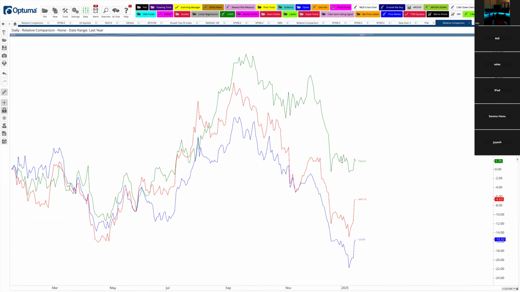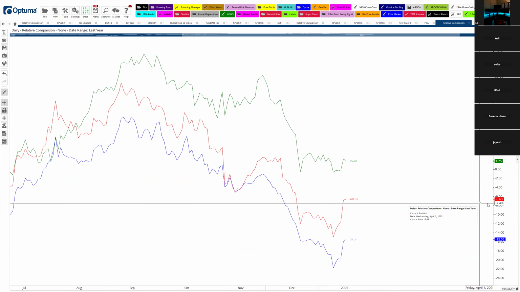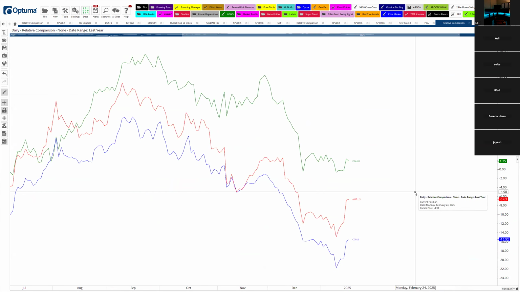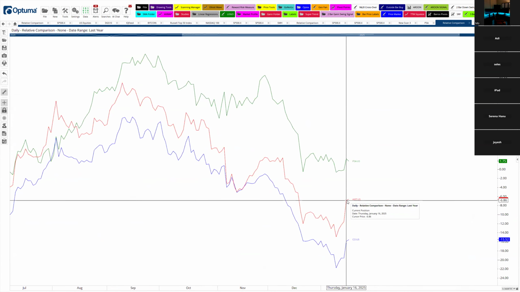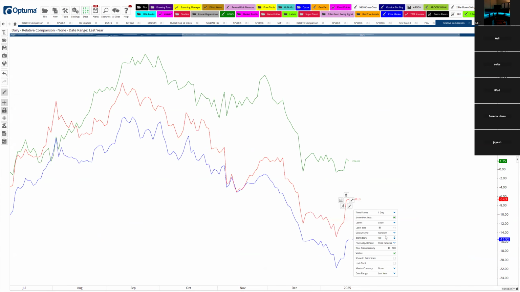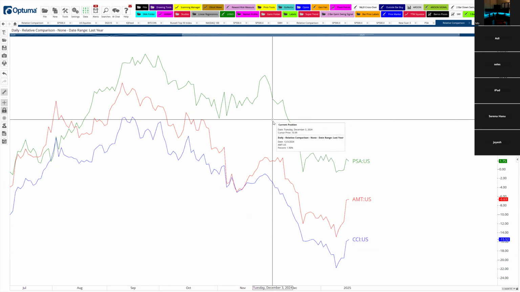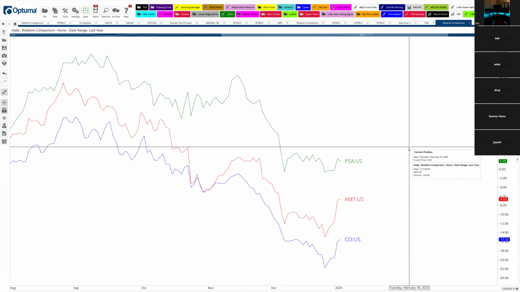So we can do a last year performance. Now if you compare these three stocks, let me make this a little bit wider. Okay, these are the three stocks since last year.